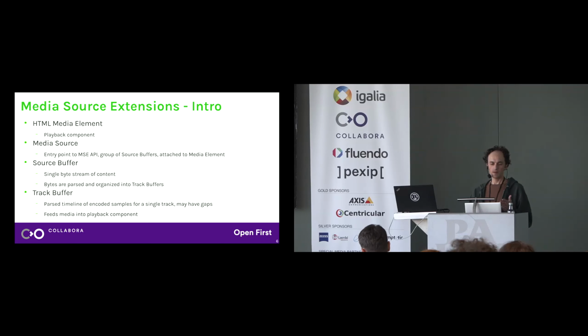A SourceBuffer represents basically one stream of media. So if you have a single file that you're trying to represent, it would take a single SourceBuffer. If you want to combine the audio from one file and the video from another file, you'd have two SourceBuffers. And then your application would have to produce data into them simultaneously.